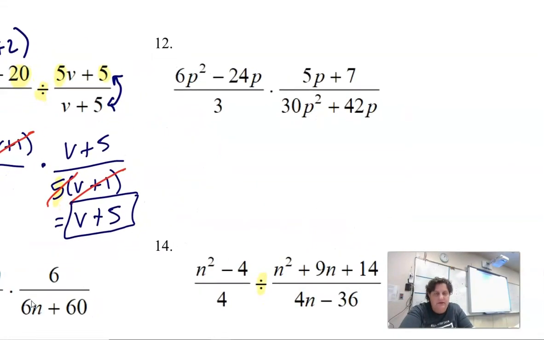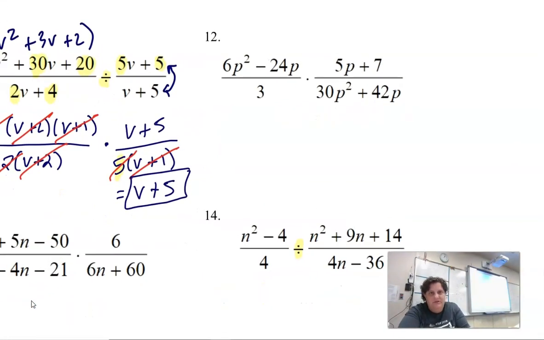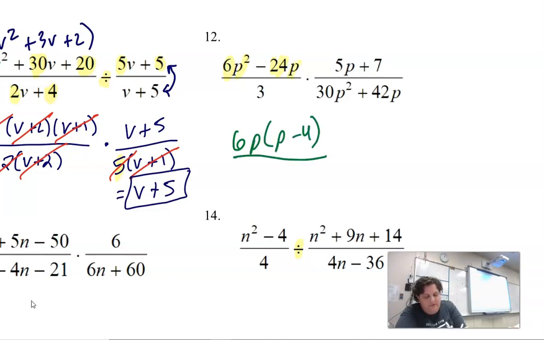Great. Let's take a look at number 12. These look like all GCF questions, okay? Let's see. 6, 24, I can take out a 6. And then also p squared and p, I can take out a p. So I'm left with p minus 4. Okay, 5p plus 7. Literally can't do anything with that.